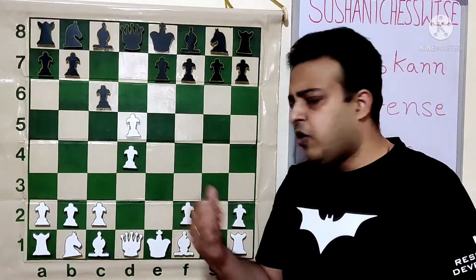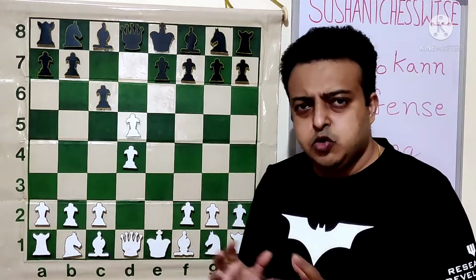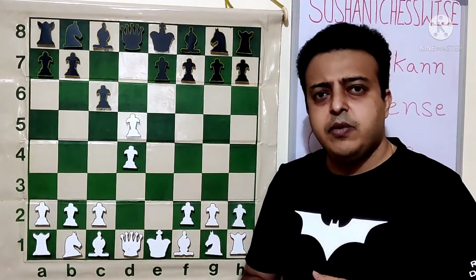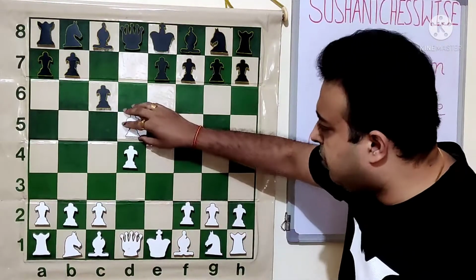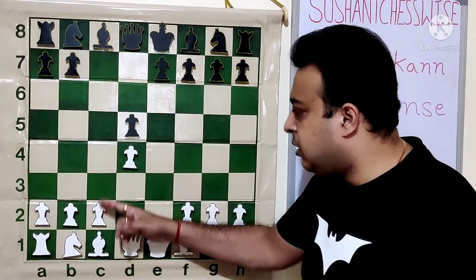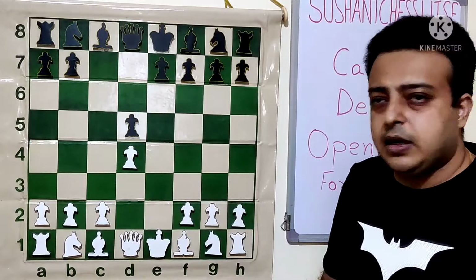The main reason for me to choose this line is that it will be very easy for players who are new to the game. And later on we will prepare another main line after the move cxd5. Here one very important main line is the move c4, which is called the Panov-Botvinnik attack. That I will be covering in some other lesson.